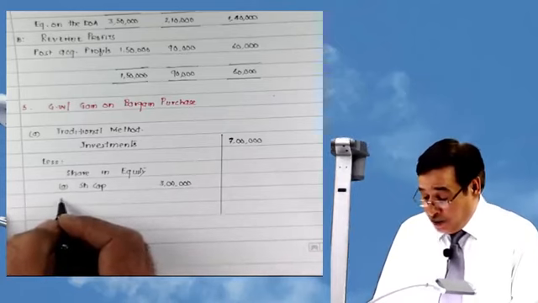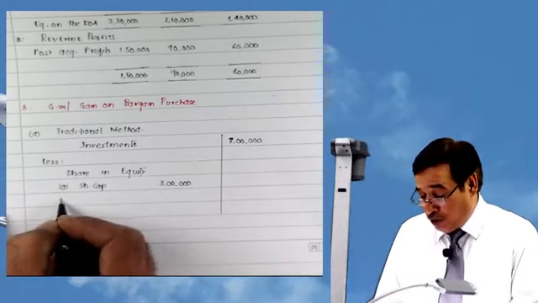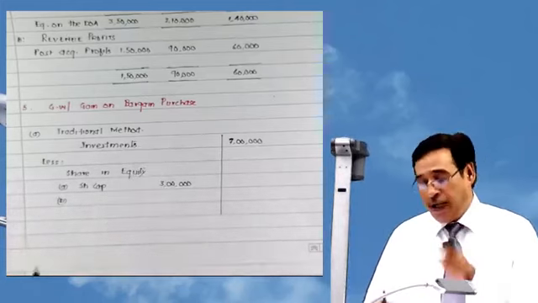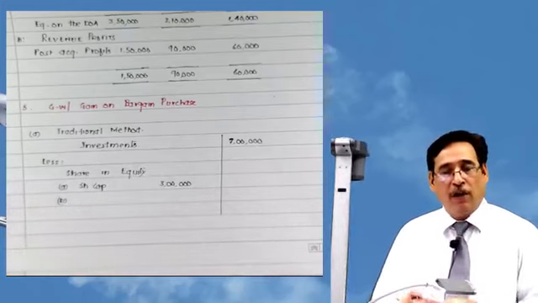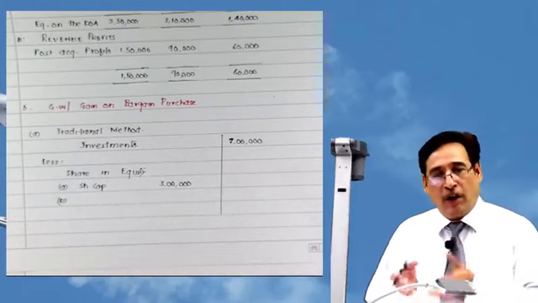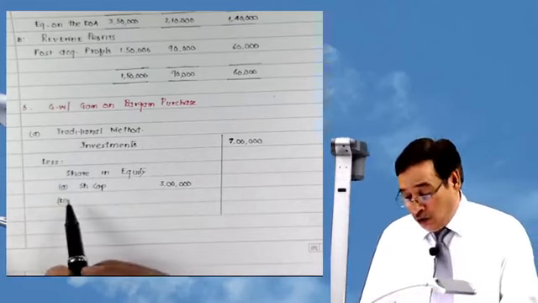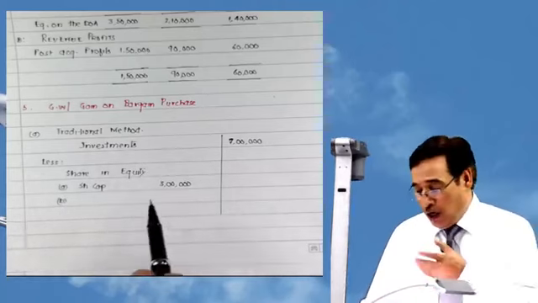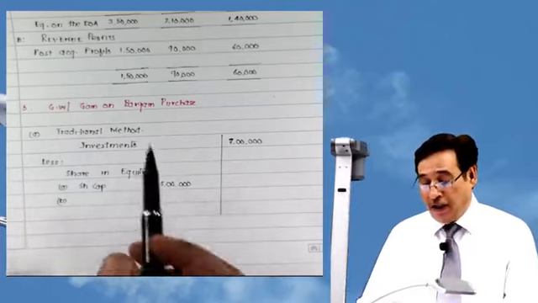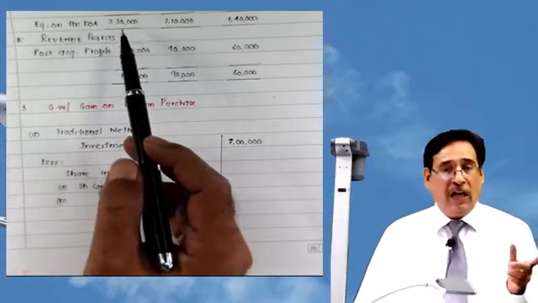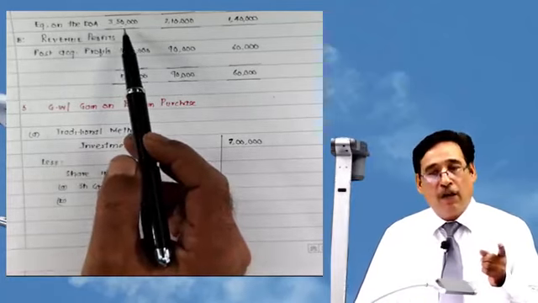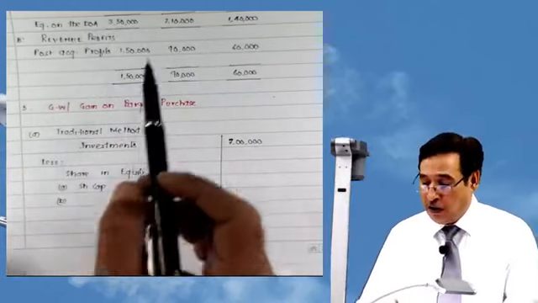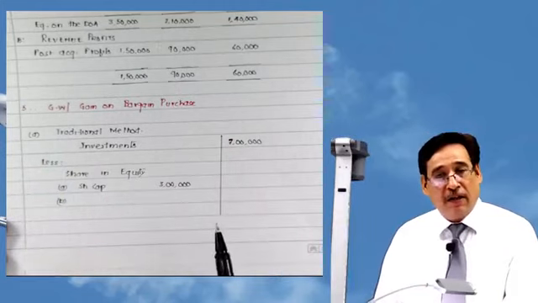Correct? Besides, on the date of acquisition, because this investment was made on 30th of September, on that date you are going to compare whether, due to this investment, you are at loss or at gain. So you need to know what you acquired on that date. You acquired share capital, and on that date the equity was 3,50,000 of the subsidiary, out of which your share is 2,10,000.